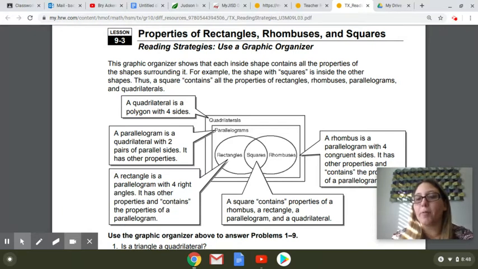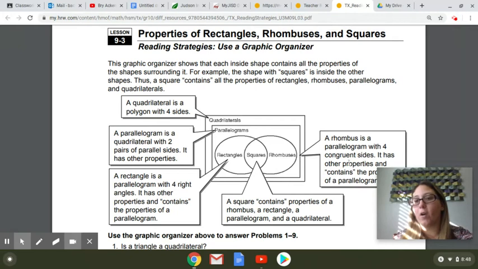So let's talk about the rhombus for a minute. A rhombus is a parallelogram, so it still has all the properties of a parallelogram. The difference is all four sides of a rhombus are congruent, but then it still has the other rules. Now, the rhombus does not have 90-degree angles, so a rhombus is not a rectangle because it's not 90 degrees.